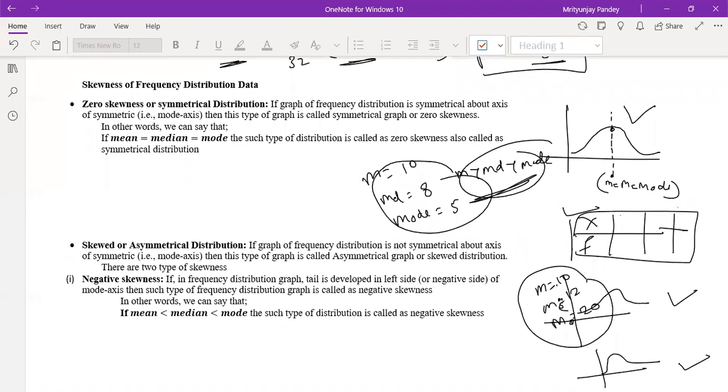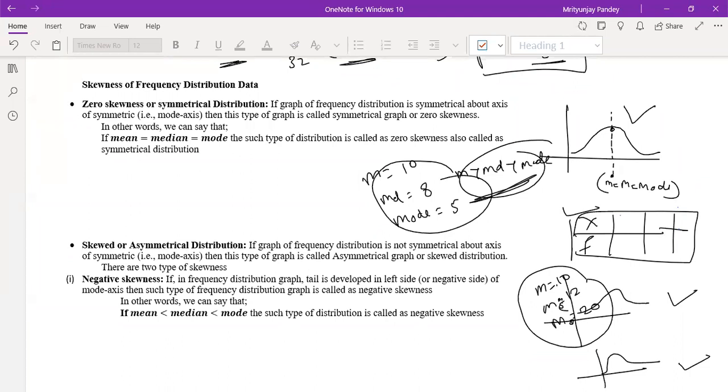So if you want to check whether given data is skew data or non-skew data, for that purpose you have to find the mean, median, mode of that data. If mean, median, mode all values are equal, then such data is called no skewness or zero skewness or symmetrical distribution. If mean, median, mode are not equal, in such a case that type of data is called asymmetrical distribution or skewed data.